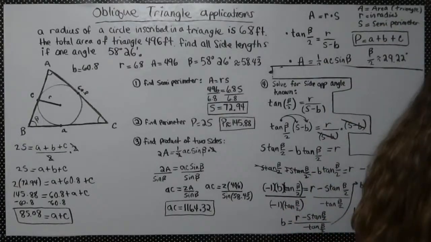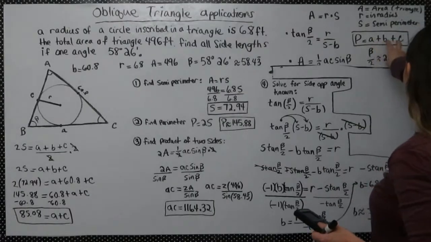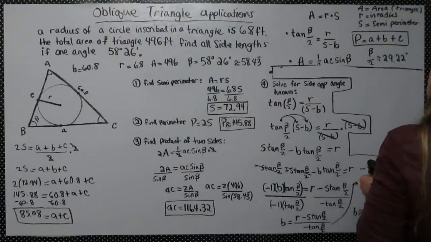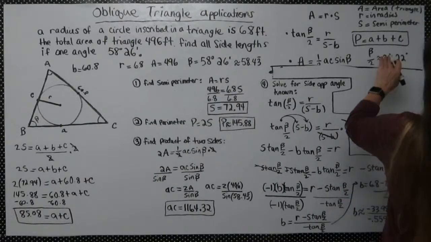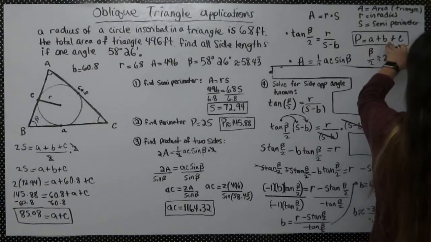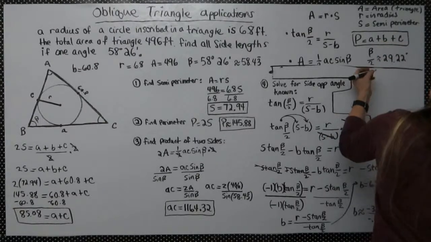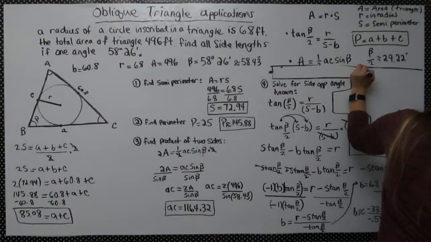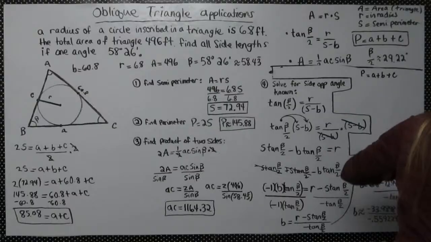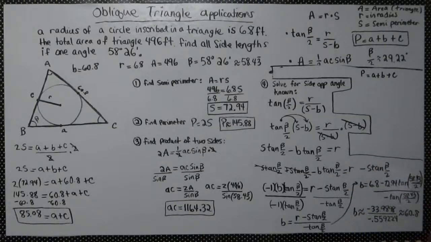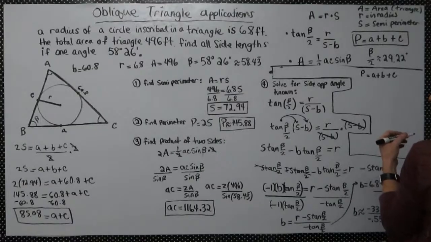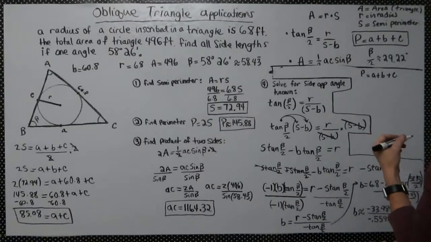So we have A, B, and C here, and no B. Let's say P equals A plus B plus C. I know B is 60.8.